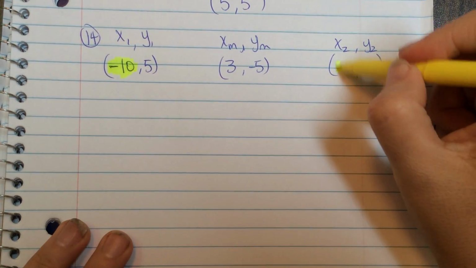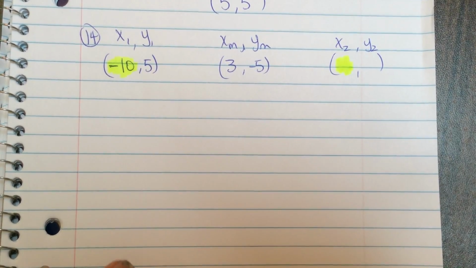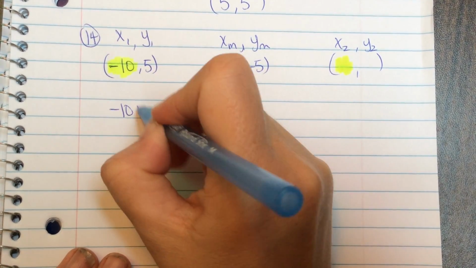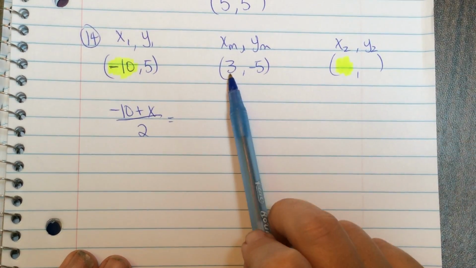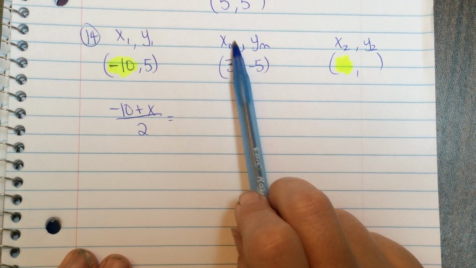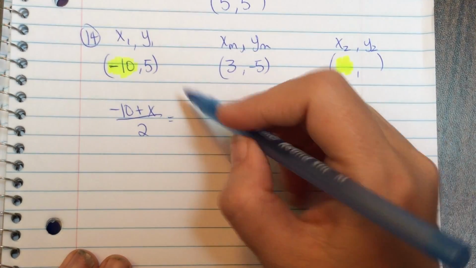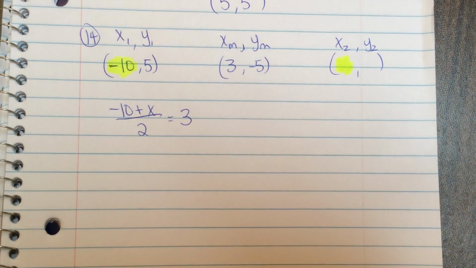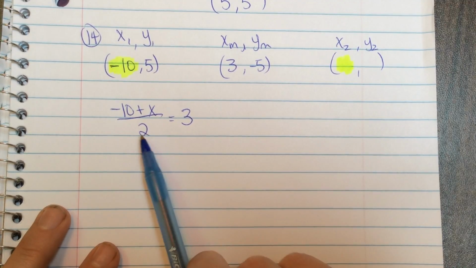So -10 plus this number I don't know divided by 2 is going to equal 3, because I'm always equaling the midpoint. If the midpoint of x is 3, then that's what this is going to equal. The first thing that I do is multiply both sides by the 2.